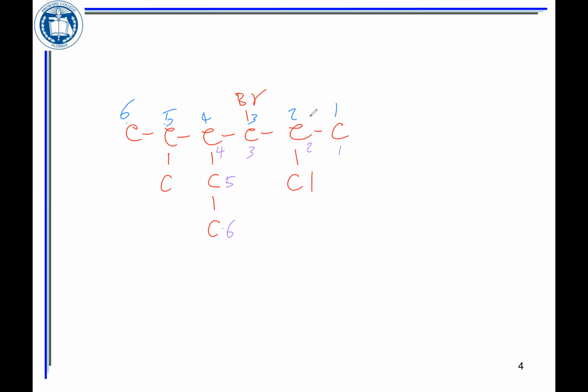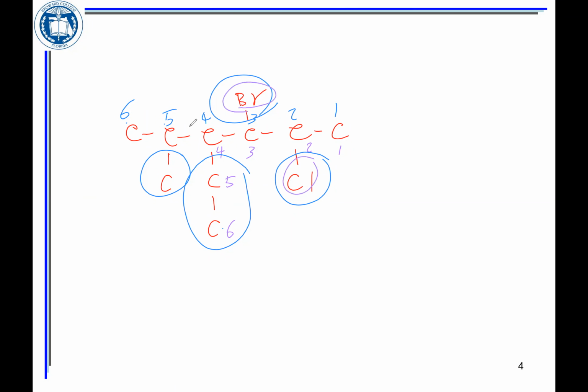I gotta go with the one with more attachments, more substituents. If I go straight with the blue color, I'm going to have 1, 2, 3, and 4 branches. If I use the purple color and go down, I'm going to have 1, 2, and 3 branches.